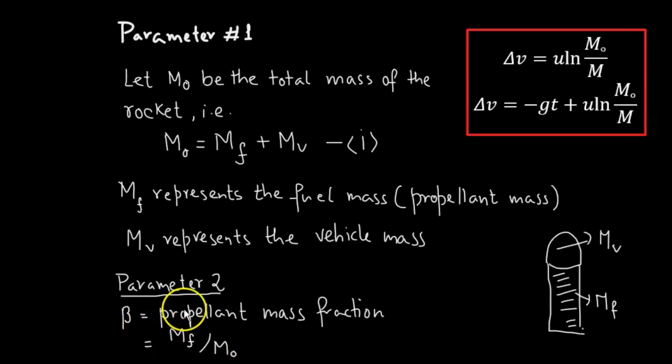So this is beta. Beta is usually of the order of 80%. Typically it's 80%, which is a good value. That means 80% of a rocket contains fuel and the rest 20% is the weight of the payload. So this is defined by the propellant mass fraction beta. Next we have the third parameter.